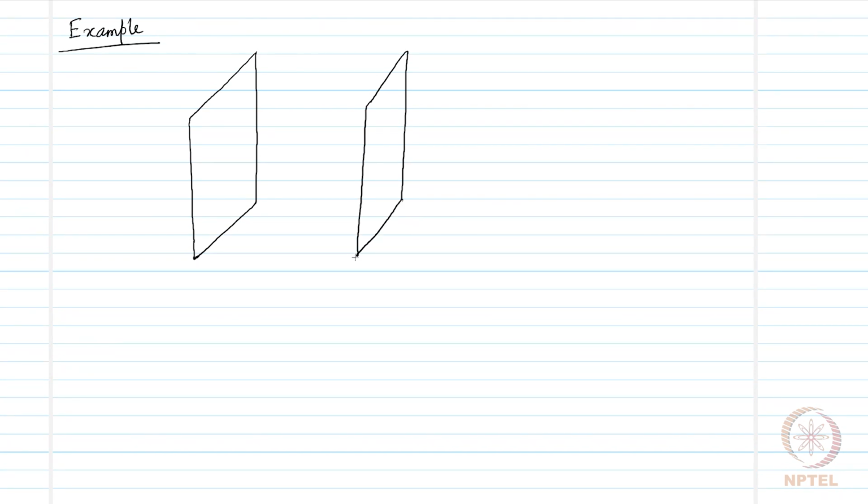Although my drawing is not that good, the idea is that these two planes are parallel and of infinite extent, and the left hand side one carries a uniform charge density plus sigma, the right hand side one carries a uniform charge density minus sigma. We have three regions. Region 1 is to the left of the left hand plane, region 2 is in between the two planes, and region 3 is to the right of the right hand plane. We are supposed to find the electric fields. How do we find the electric fields?